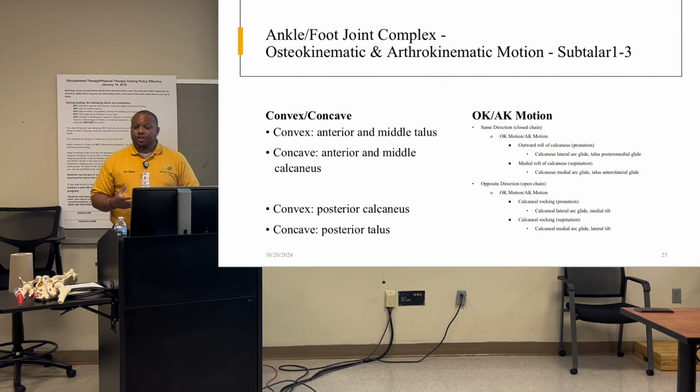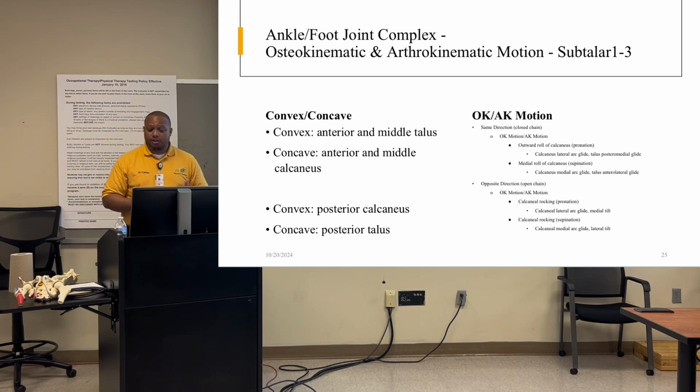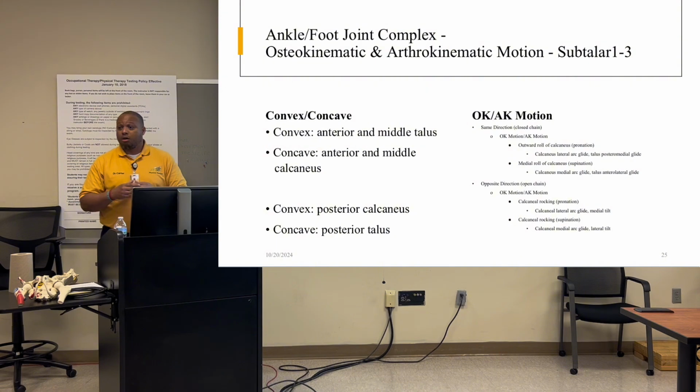If we're in an open chain position and I'm sitting on the edge of the table, our osteokinematic motion and arthrokinematic motion are going to be in opposite directions due to what is moving on what.